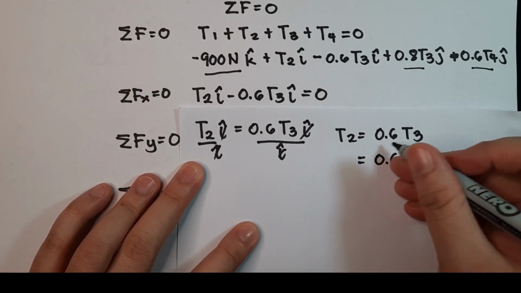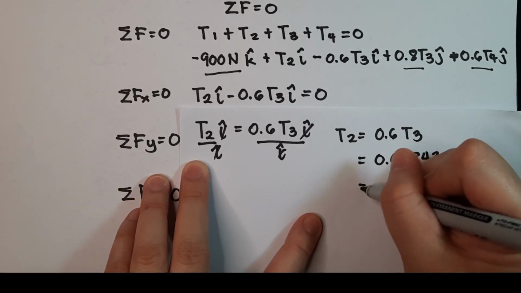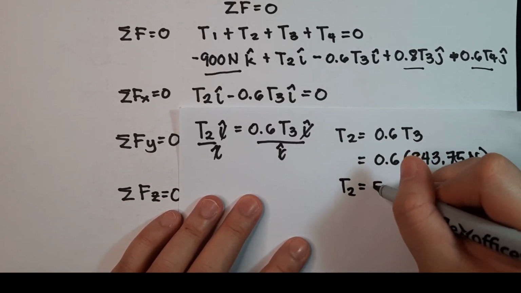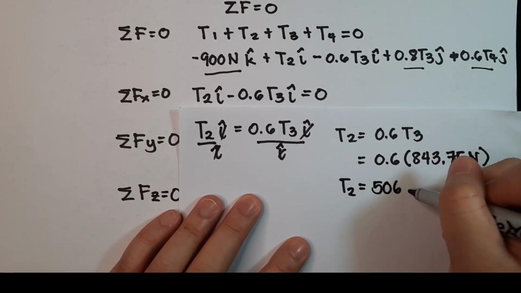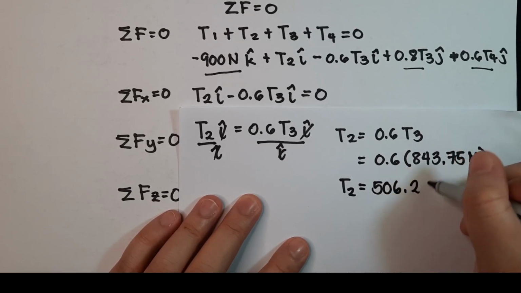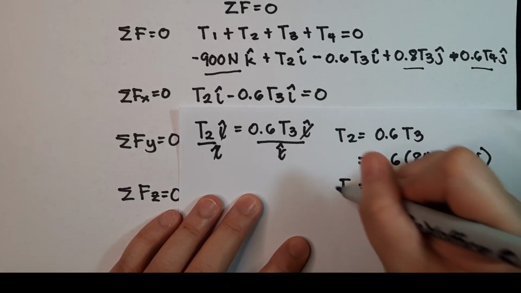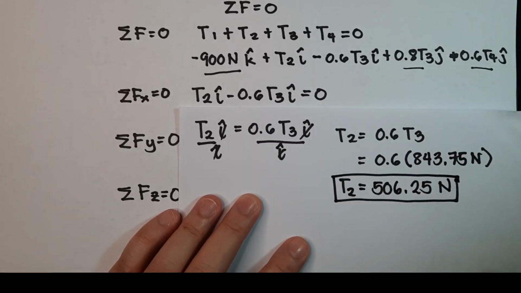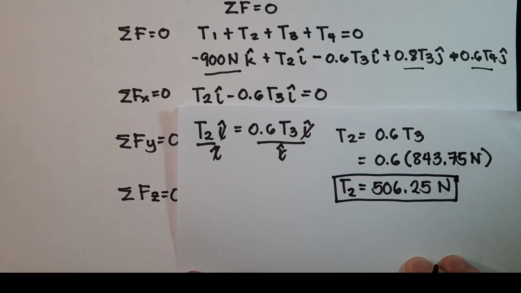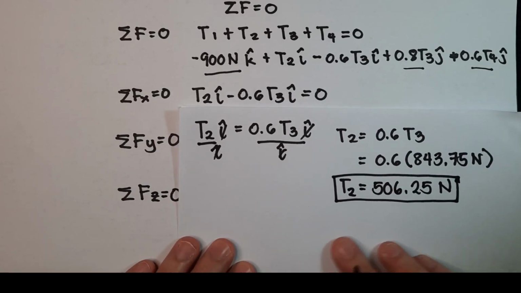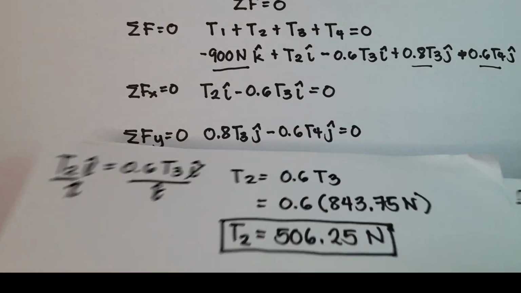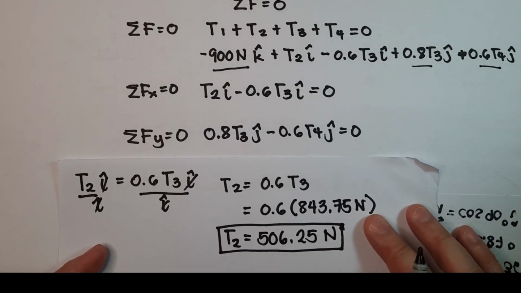So T2 now is equal to 506.25 Newton, which is the same as our previous solution. Okay, so this is another solution for solving T2, T3, and T4. I hope this is clear.